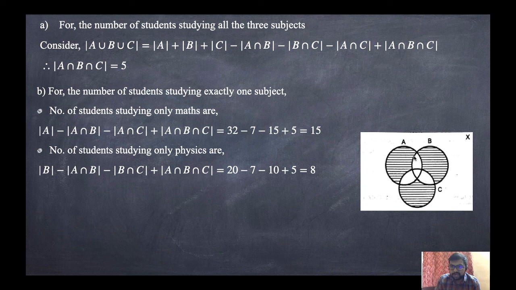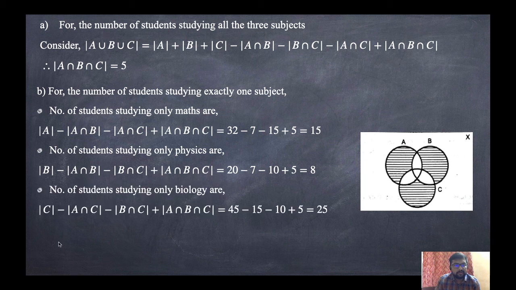So minus cardinality of A intersection B minus cardinality of B intersection C. But by subtracting both, we have subtracted this portion, that means A intersection B intersection C, twice. But we want to subtract it only once. So we are just adding its cardinality. So it will be 8. And in the same manner, for biology, it will be like this, and that is 25.